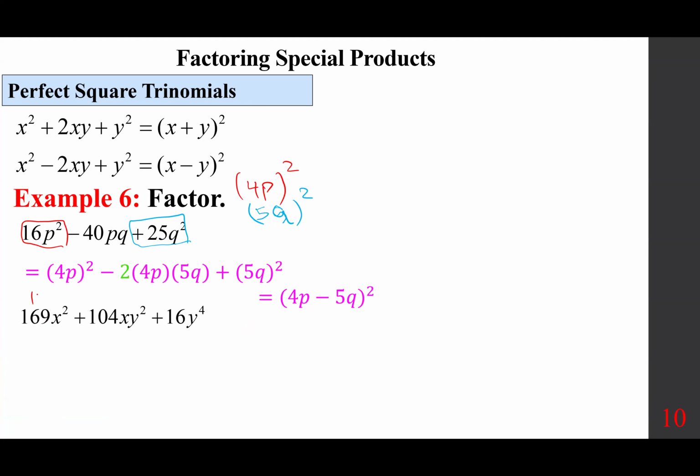So this is 13x quantity squared. 16y to the power of 4 is 4y squared. If you raise it to the power of 2, you get 16y to the power of 4.